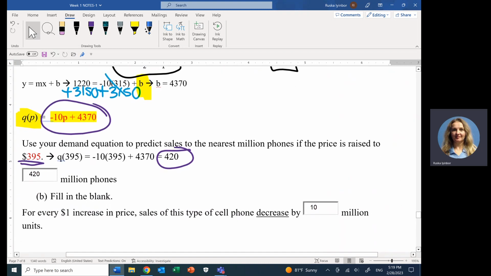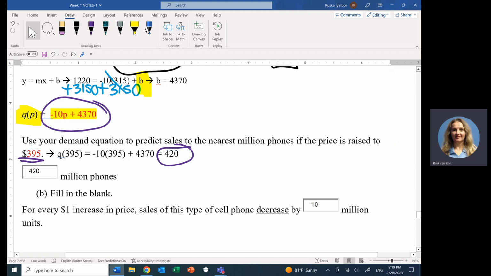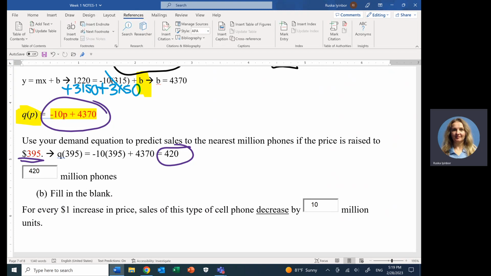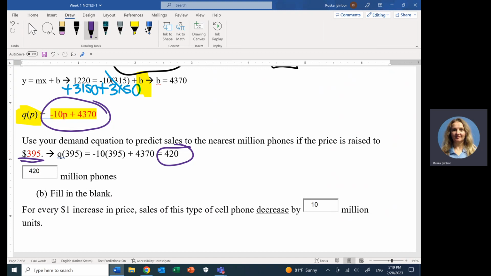And then the next one asks: for every dollar increase in price, sales of this type of cell phone decrease by how many million? Whenever they ask about increase or decrease per dollar, which is also called the rate of change, that is the slope of the equation.